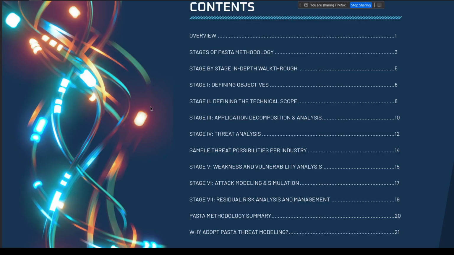And then we have VAST. I would say this is kind of a proprietary one because it's used by a tool called Threat Modeler. They are a company on their own. They have this model called VAST.